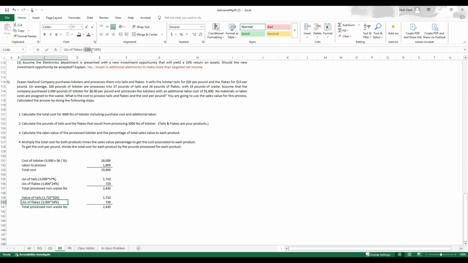And then we've got 720 pounds of flakes times $15. It tells us 20 and 15. So let's go here times 20, and let's go here times 15. So 45,000 bucks. I'm going to differentiate between the dollars and the pounds here. Okay, so those are dollars.